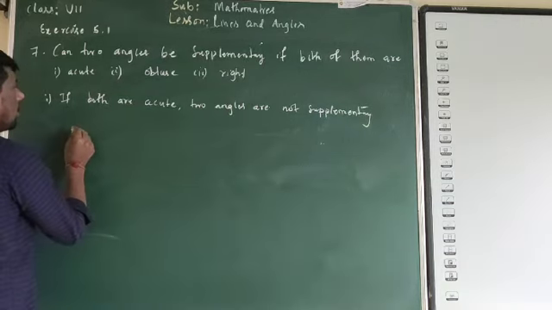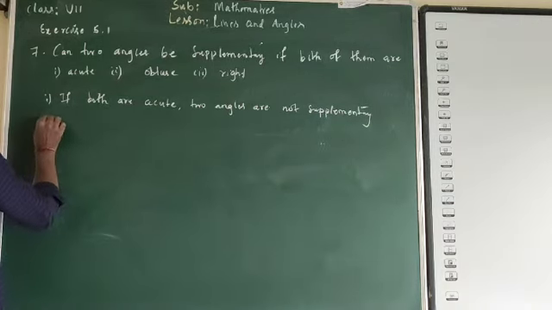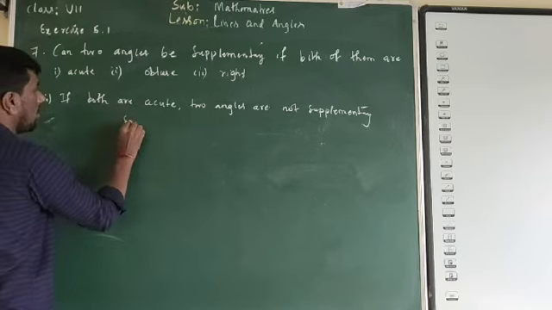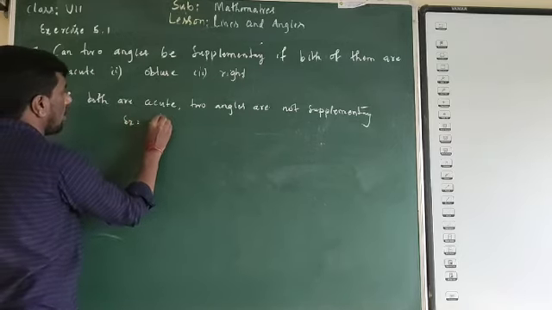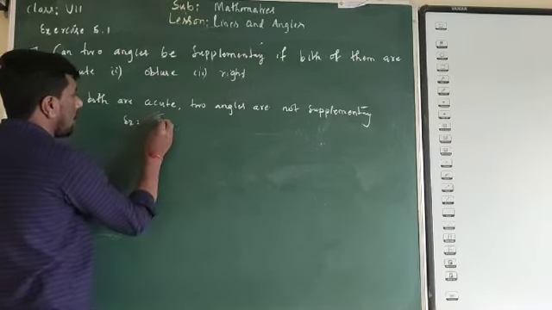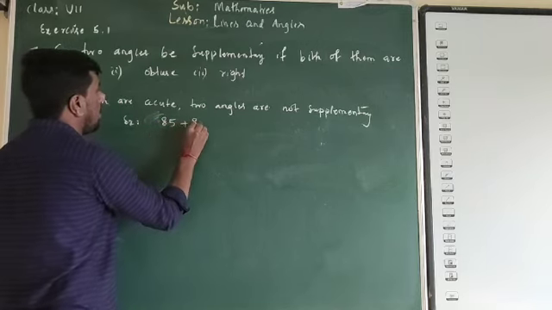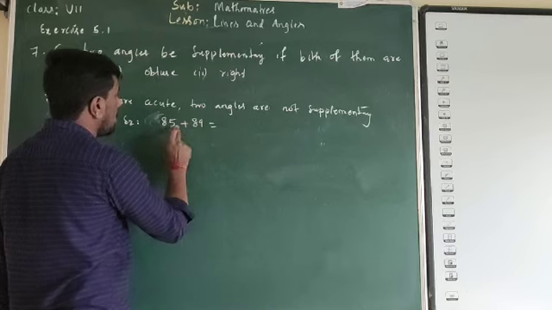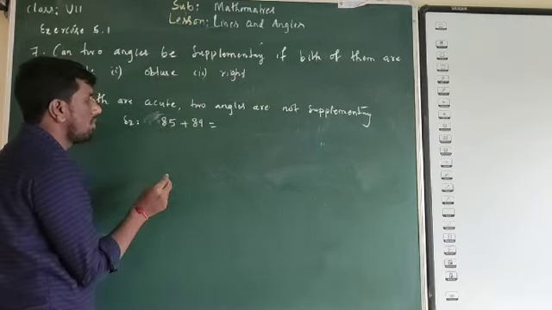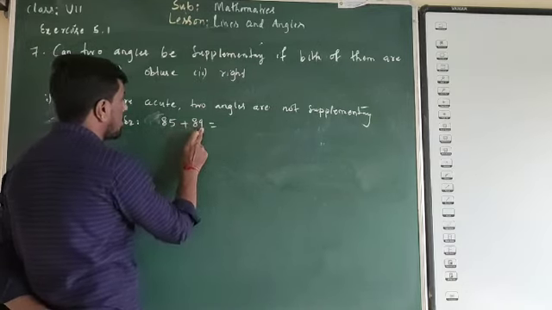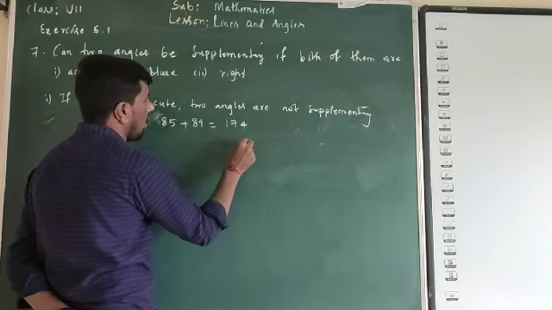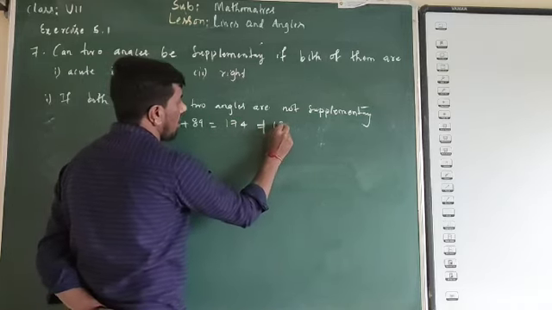Second one, you can take an example also. Both angles are acute, say 85 plus 89, which is 174. Which is not equal to 180.